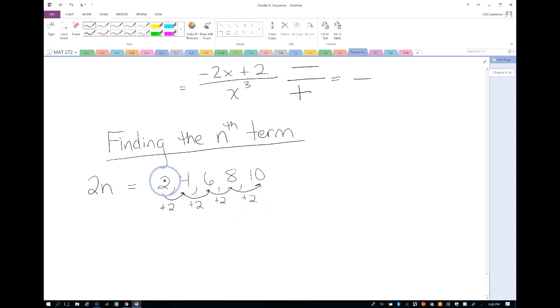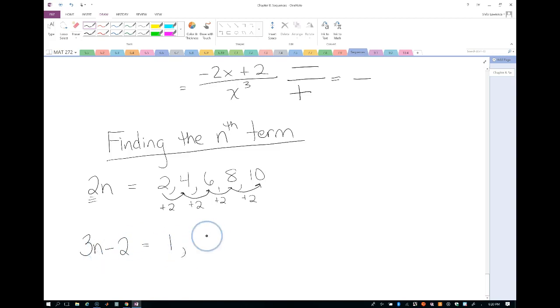So anytime you see that there is a common difference in each of your terms, that's going to translate into multiplication in your sequence. We could also have some addition or subtraction on that sequence. So if we started with 1 here in 3n minus 2, we would get 1.